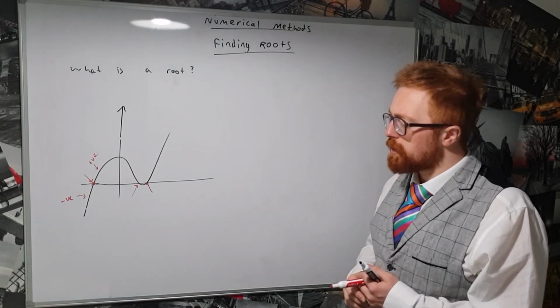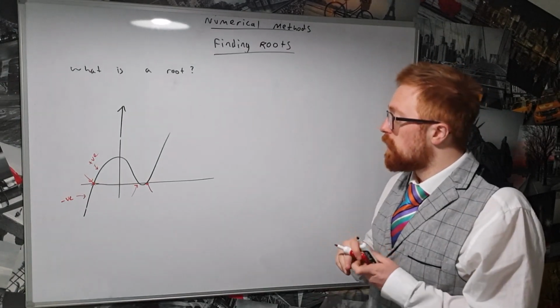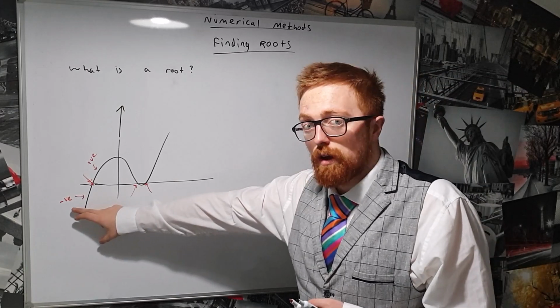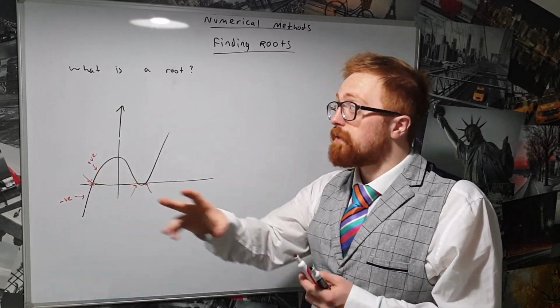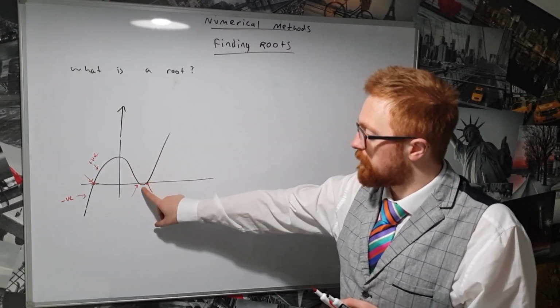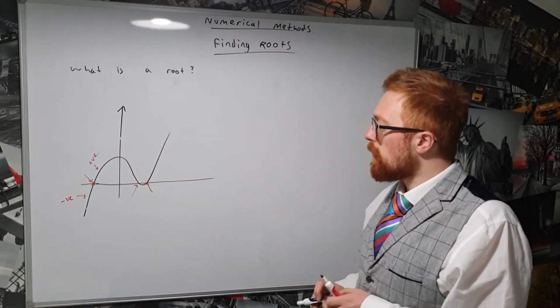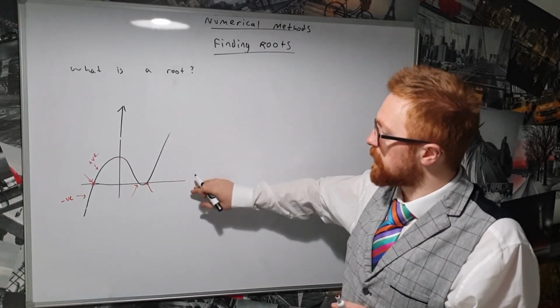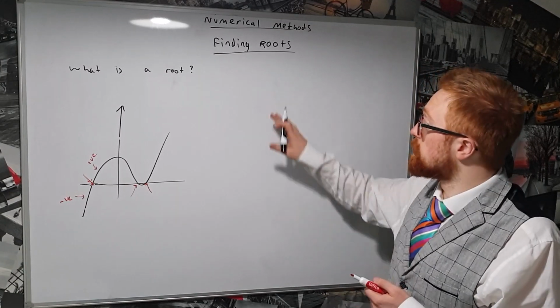So if we're doing a search for roots, what we're looking for is where the curve goes from being negative to positive, or indeed from positive to negative. Now this only works on certain functions. This only works on continuous functions.